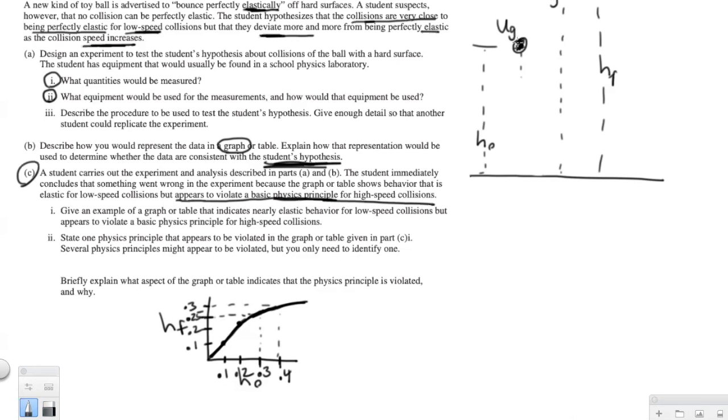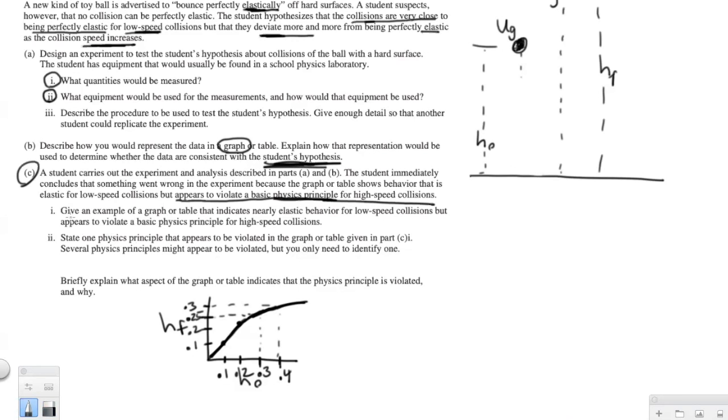Well, if this ball had a little firecracker in it, or some form of chemical stored energy, or maybe a loaded spring that releases when the ball hits the ground, causing there to be more mechanical energy. But none of that was mentioned. This is just a regular toy ball.